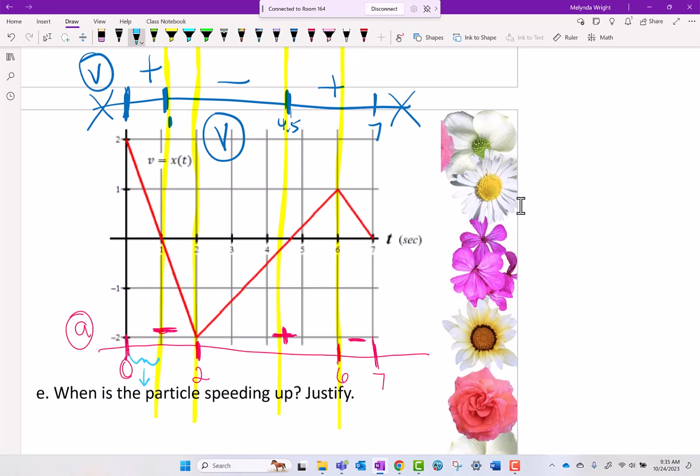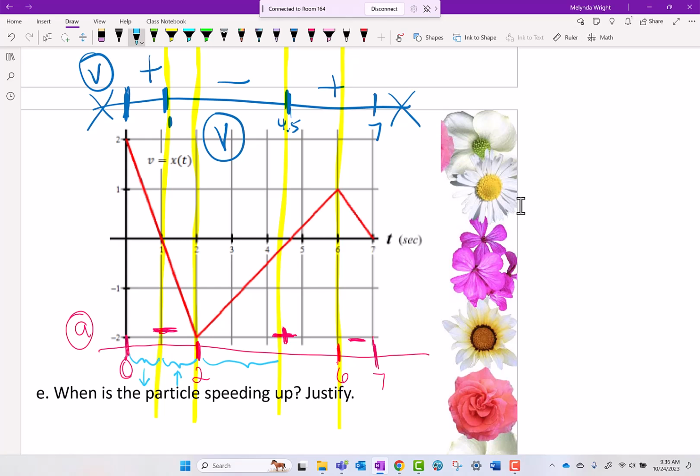All right, so now between 1 and 2, I've got negative velocity and negative acceleration. So I'm speeding up. Okay, with me? This is the part where students get kind of lost, where we're comparing the sign charts to each other.